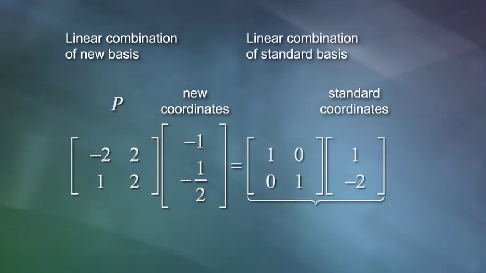On the other hand, if you form a matrix with the old basis as its columns, that's just the identity matrix. Then this star point, as a linear combination of old basis vectors, must be the identity matrix times (1, -2), which is just (1, -2). This shows that P times the new coordinates are just the standard coordinates.